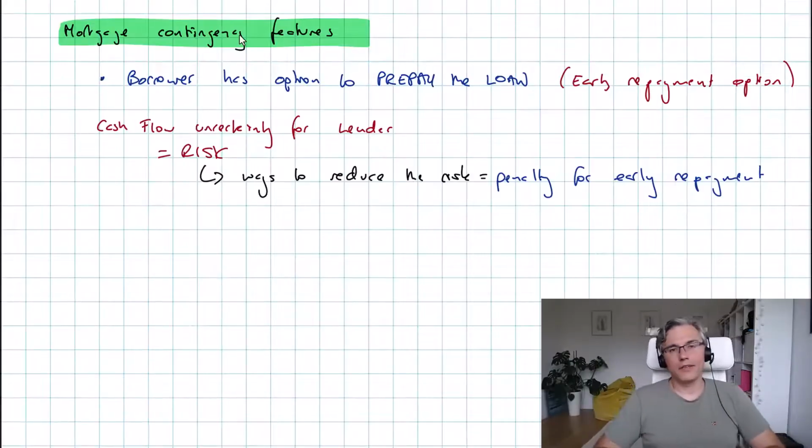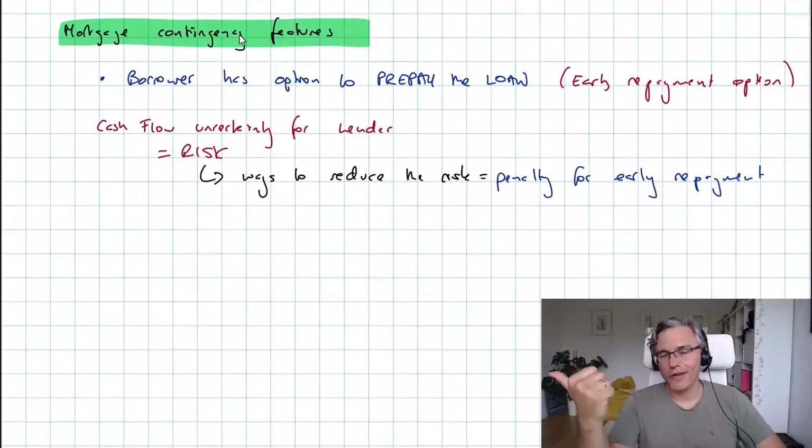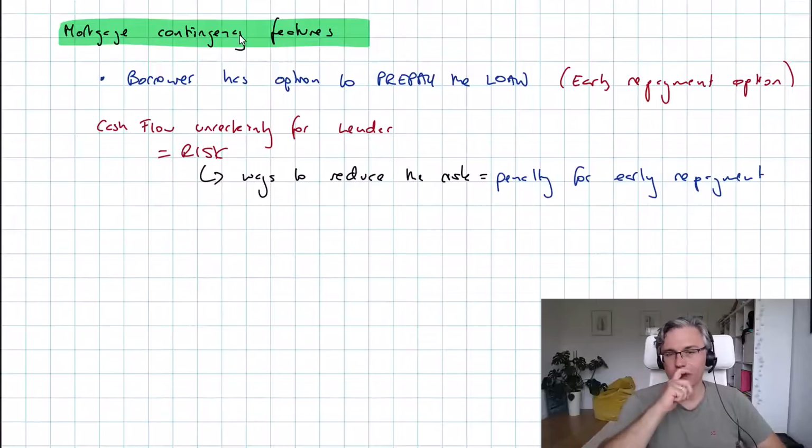Typically, what will happen is the borrower will choose to repay their loan early and finance the repayment using a fresh loan taken at a lower rate, and a penalty is supposed to compensate the lender for the difference in interest rates, the original rate and the new rate in the market. So that's the element of interest lost if interest rates drop.